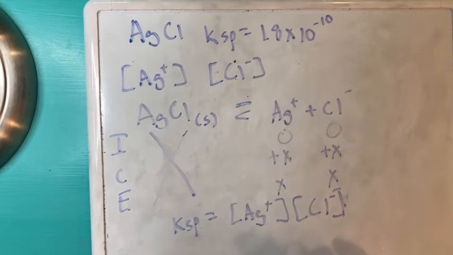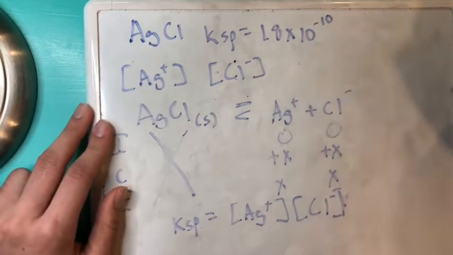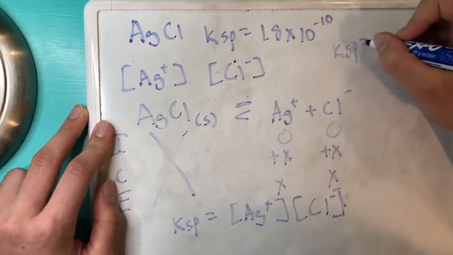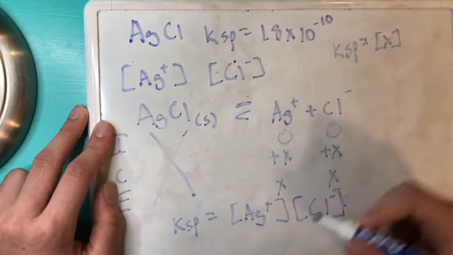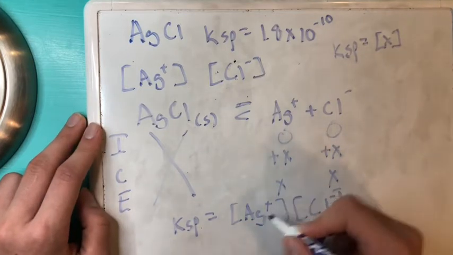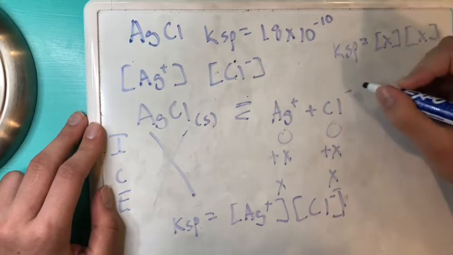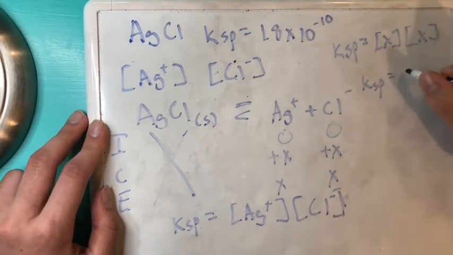So we know that the concentration of this and this are both X. So I'm going to move this back up here. So we know that KSP equals X from here and X from here. So we have KSP equals X times X, or otherwise known as X squared.